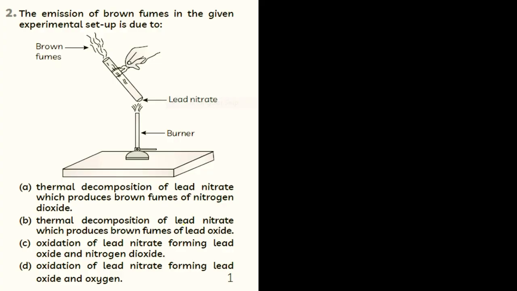Calcium hydrogen carbonate is the end product of this reaction. Now move ahead. Second is the emission of brown fumes in the experimental setup. Basically, lead nitrate is being heated and it produces brown fumes. This is the thermal decomposition of lead nitrate. Pb(NO3)2, lead nitrate, is heated.